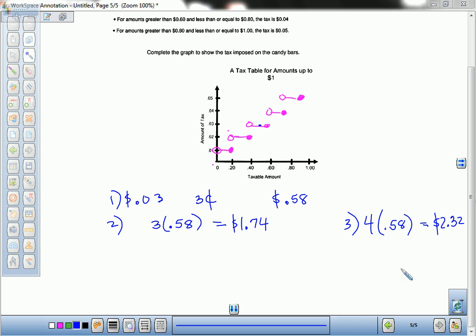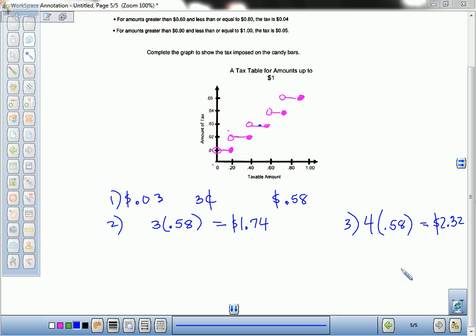Try graphing this one. So here we have different rates and prices for postage. So along the horizontal axis, you'll put the weight.